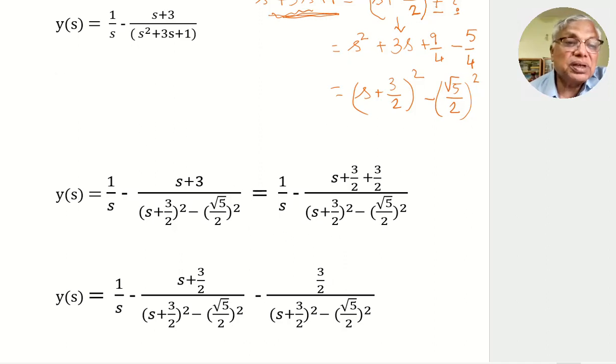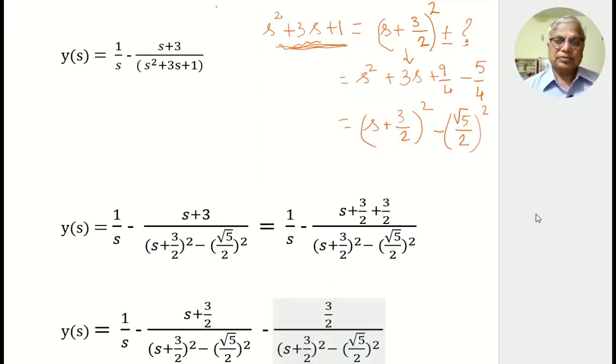So next step, I'll split the numerator of the second term. I'll keep the denominator as such. The numerator s plus 3 is split like this. Why is it done like this? To make the numerator similar to the denominator's first term, the square, which is s plus 3 by 2 whole square.